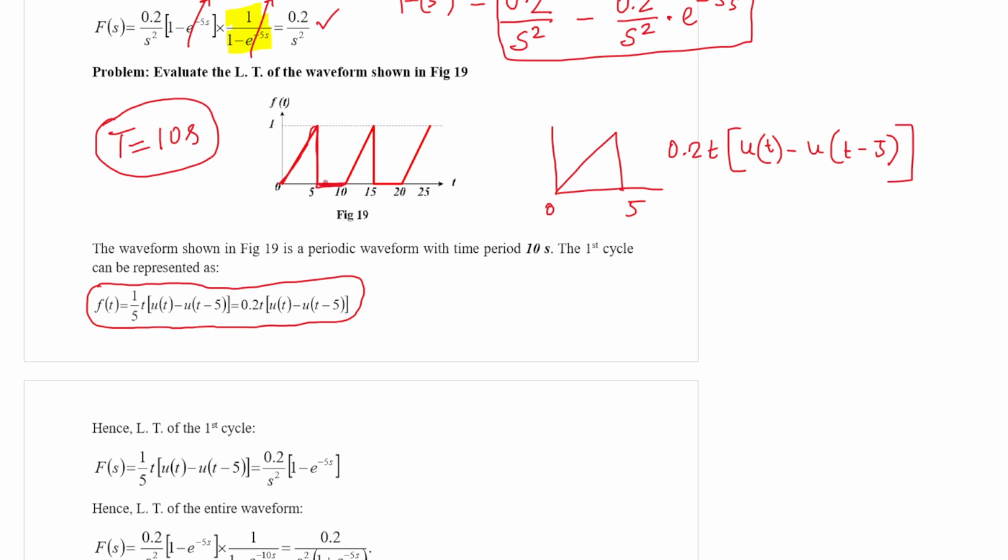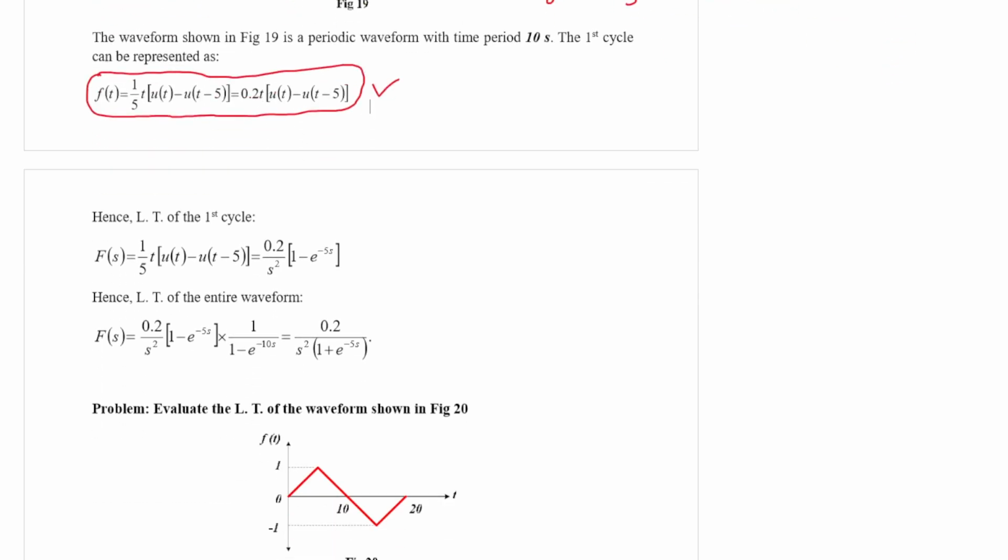There is no meaning in adding this 5 to 10 because this magnitude is 0, and anything multiplied by 0 is 0. So the Laplace transform of the first cycle remains as it is.